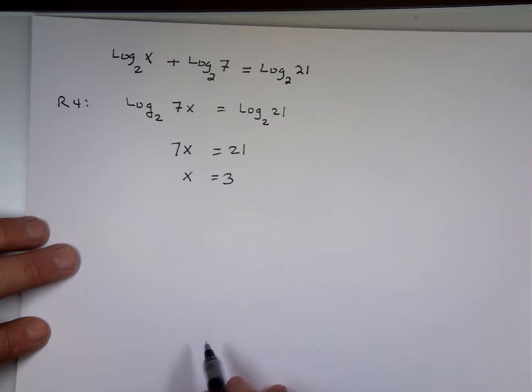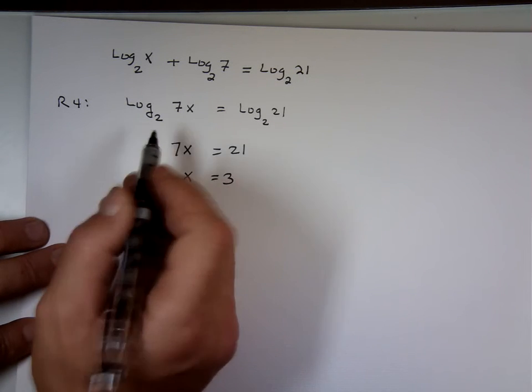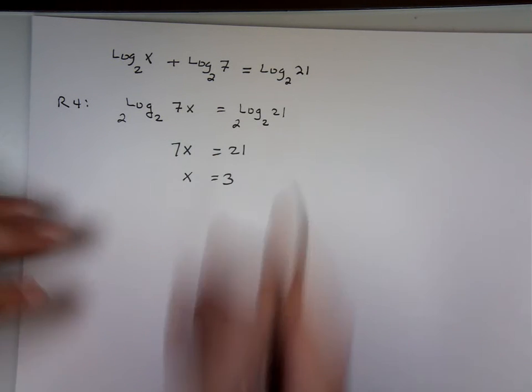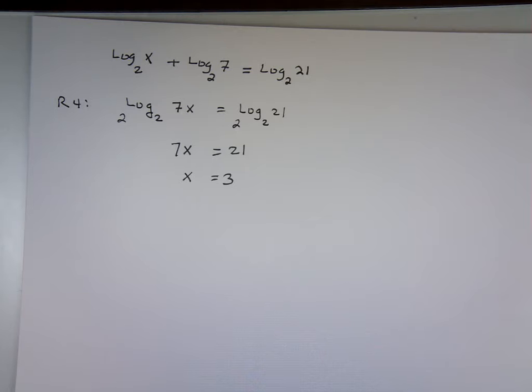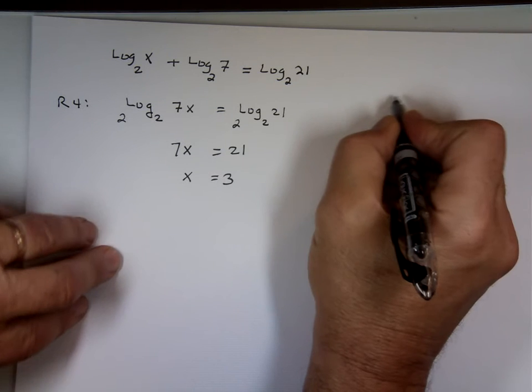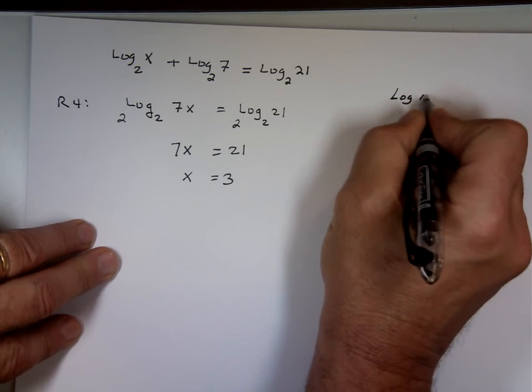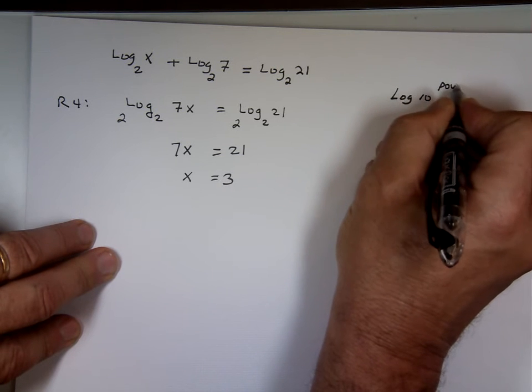Basically what I did, because that's log base 2, I did the inverse of that. I did 2 to the power. If you do 2 to a power, just like 10 to the power, remember 10 to the power of x is the inverse of the log, they cancel each other out. We said log 10 to a power is equal to the power.